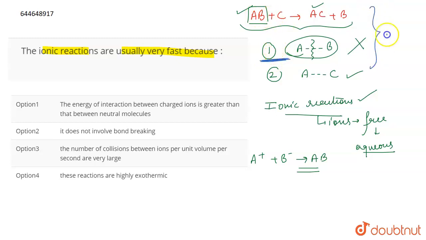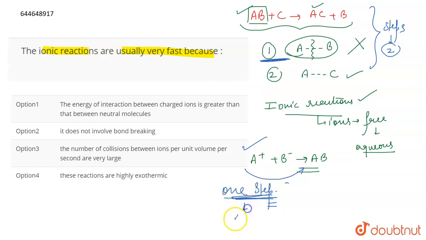If we talk about the general reaction, the steps involved were two. But if we talk about these ionic reactions, only the bond formation is taking place. So this reaction can take place in only one step. As the number of steps has decreased, the reaction can be a faster reaction, because the general reaction has two steps.